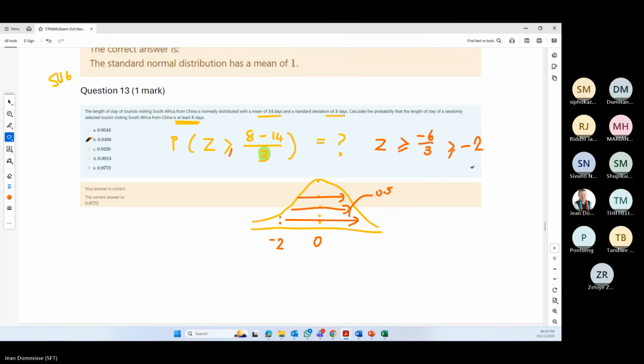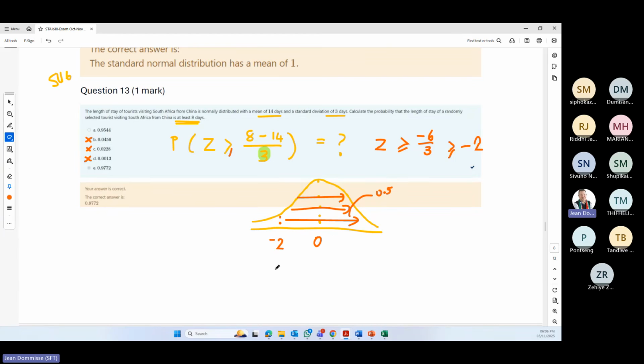So not B because that's smaller, not C because that's smaller, not D because that's smaller. So if you still don't know how to use the Z table, you basically had 2 options to pick out of and not 5. Okay, so now we can go to the Z table.